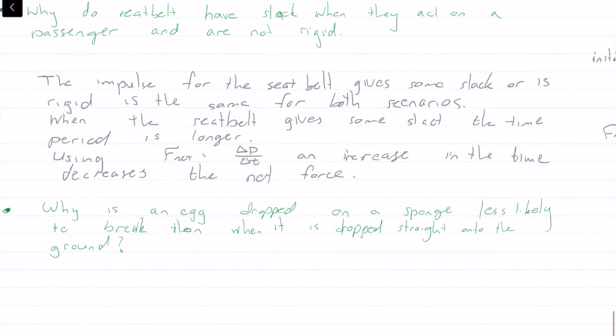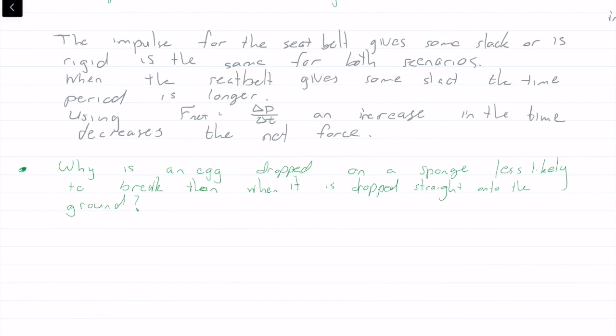Okay, so let's try and explain this one. It follows a very similar procedure. We can say that the impulse for both scenarios, for when there's a sponge and when there isn't, is the same.